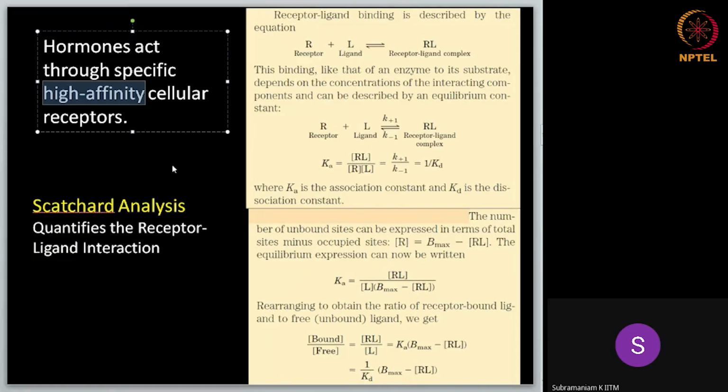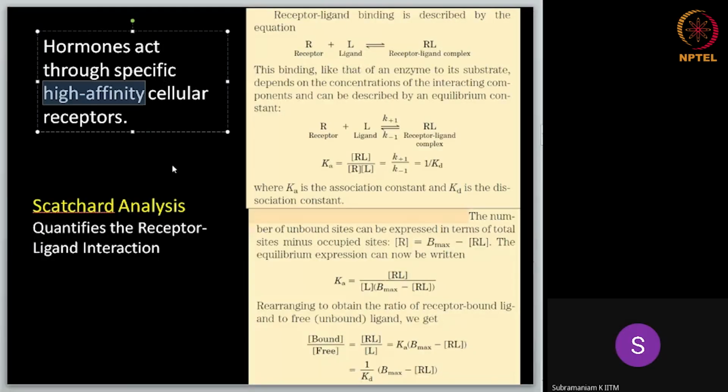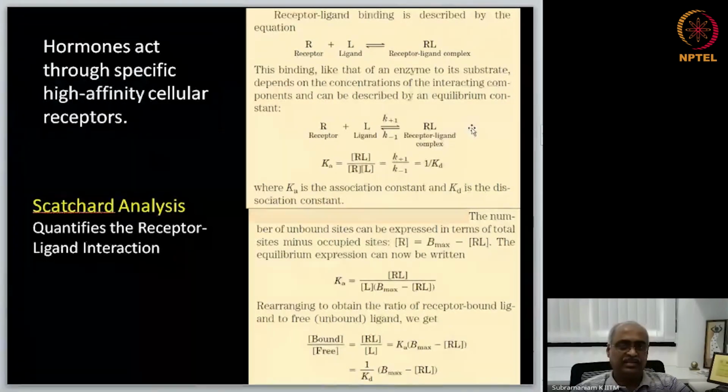So the KD values for this kind of binding are in the order of 10 power minus 9 to 10 power minus 11 molar. For example, 10 power minus 9 means at that concentration 50% will be bound and 50% will be unbound. So they are specific and have high affinity for their ligands.